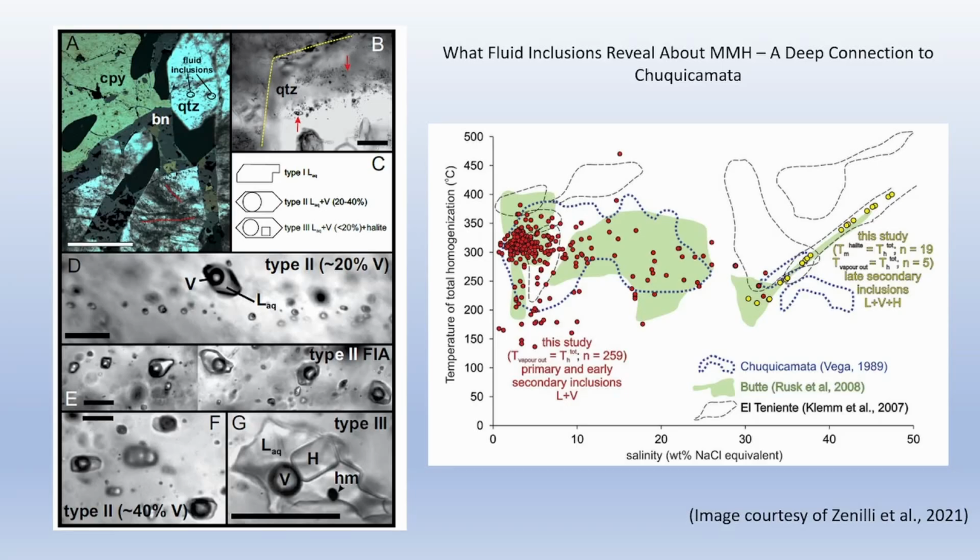And we can see that things get much more interesting with the yellow dots, the late secondary inclusions, which sometimes contain halite crystals.